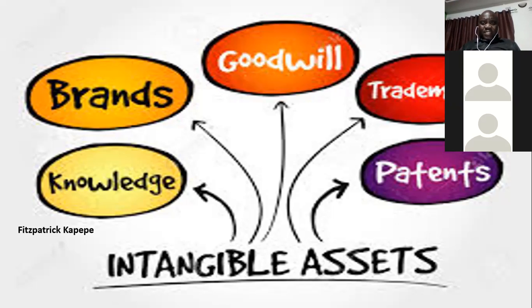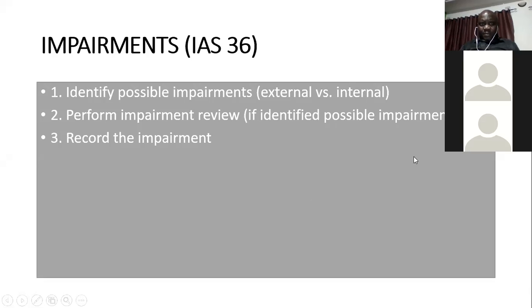So when you look at these intangibles, let me just start from here. We look at impairments under IAS 36. What we do first, we identify possible impairments, whether external influences or internal influences that would cause the assets to be impaired.